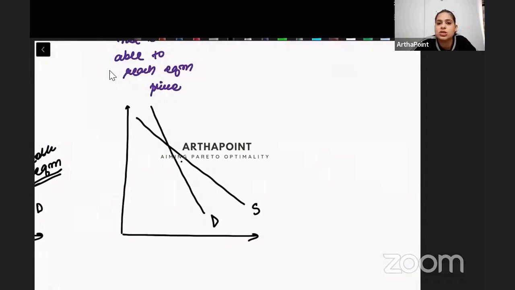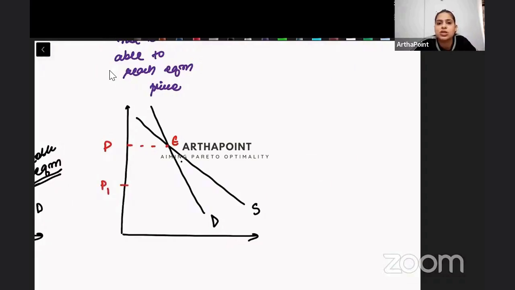Again, demand and supply are equal at point E. This is the price. But I am going to ask the question, what happens when I reach any other price, like P1?